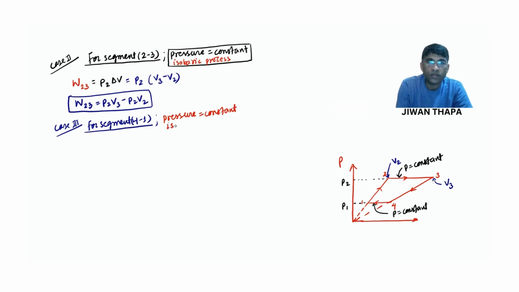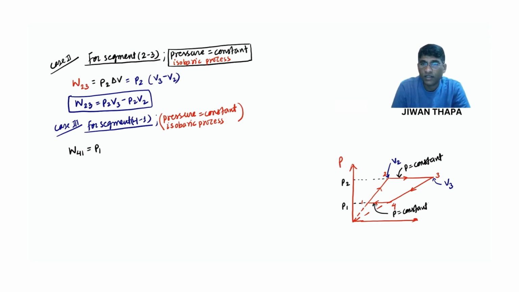So the process is isobaric for the segment 4, 1, and work done W41 for the segment equals pressure times change in volume.